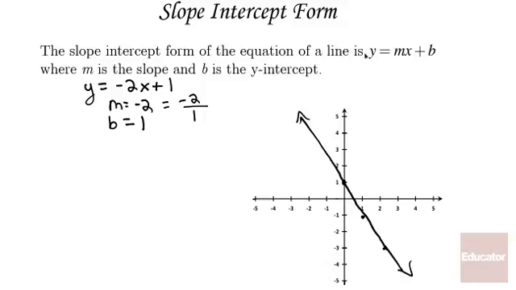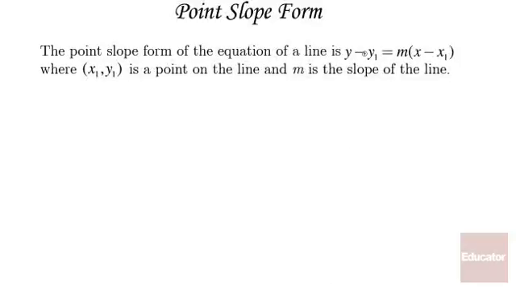The second form of these linear equations that we're going to look at today is point-slope form. The point-slope form of the equation of a line is y minus y1 equals m times x minus x1. You'll see that this is related to slope and the slope formula.